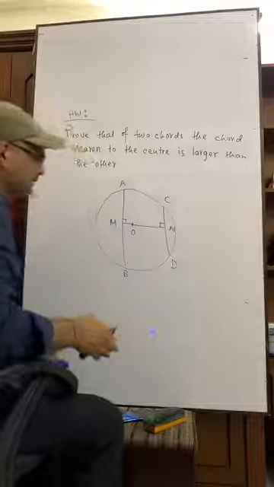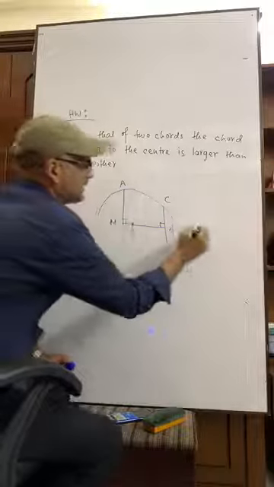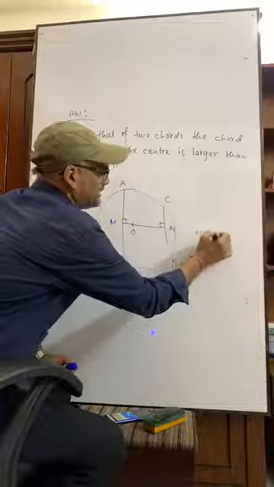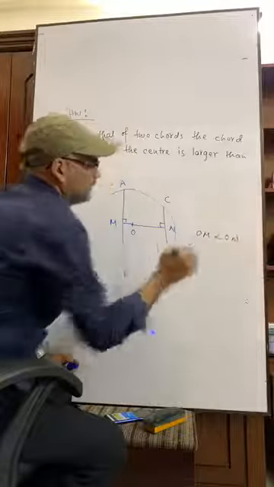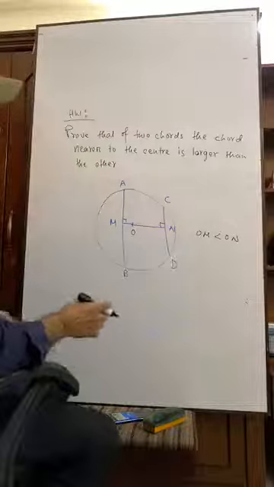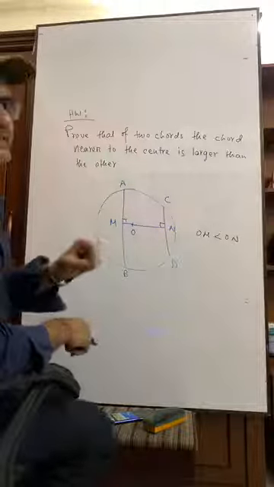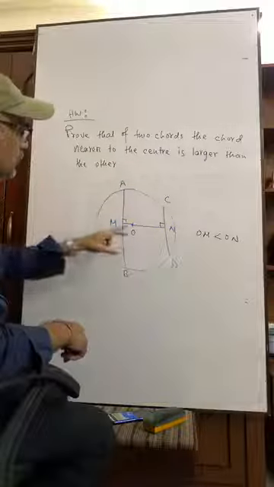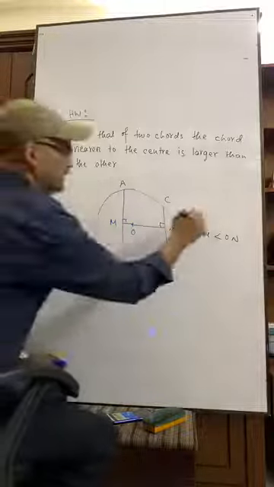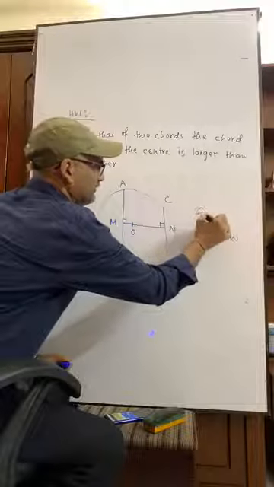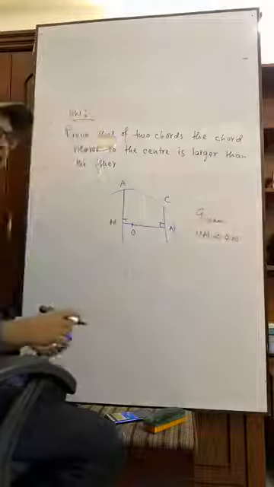What is given? This is the nearer chord, that means it is given OM is less than ON. The perpendicular indicates the distance.